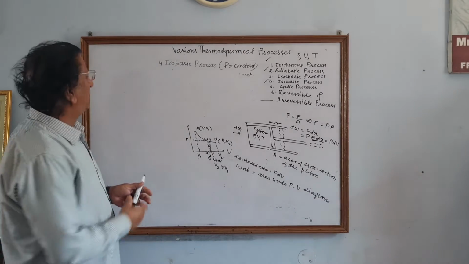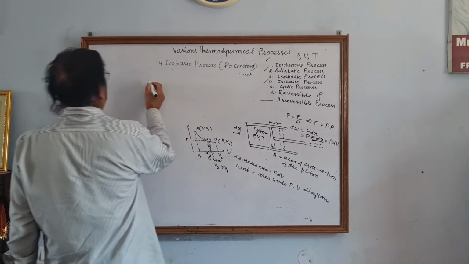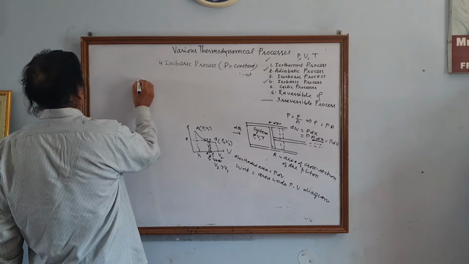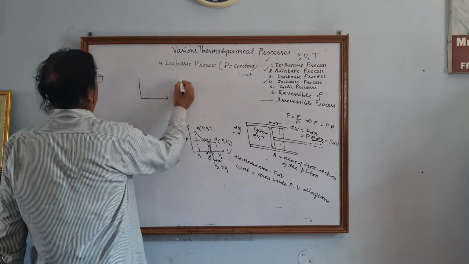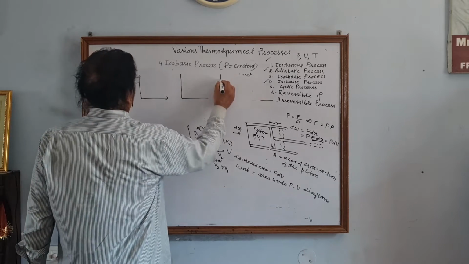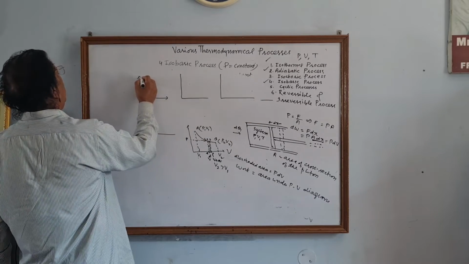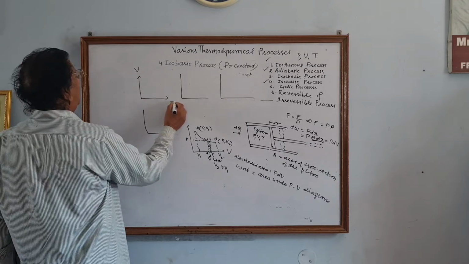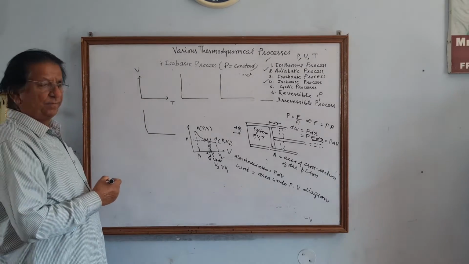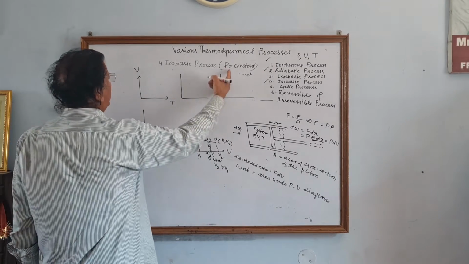Then, if you consider this isobaric process graphically, see the graph. First graph, V versus T. Here P is constant.